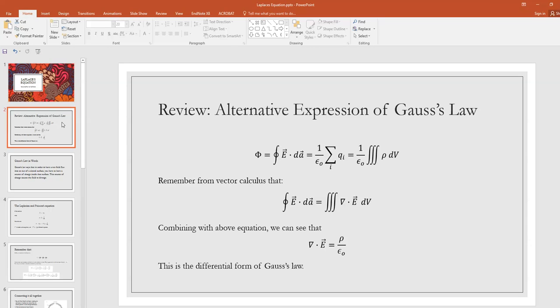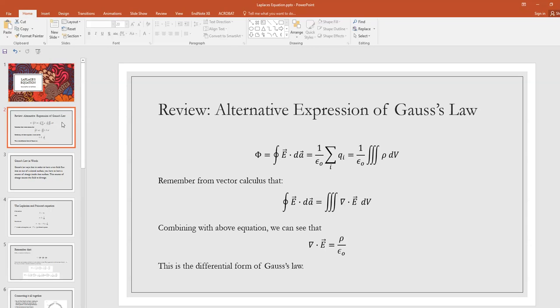So first, let me remind you about Gauss's law and the differential form of Gauss's law, which we've talked about over the last couple of days. Okay, so the integral form of Gauss's law is shown here in this top equation.